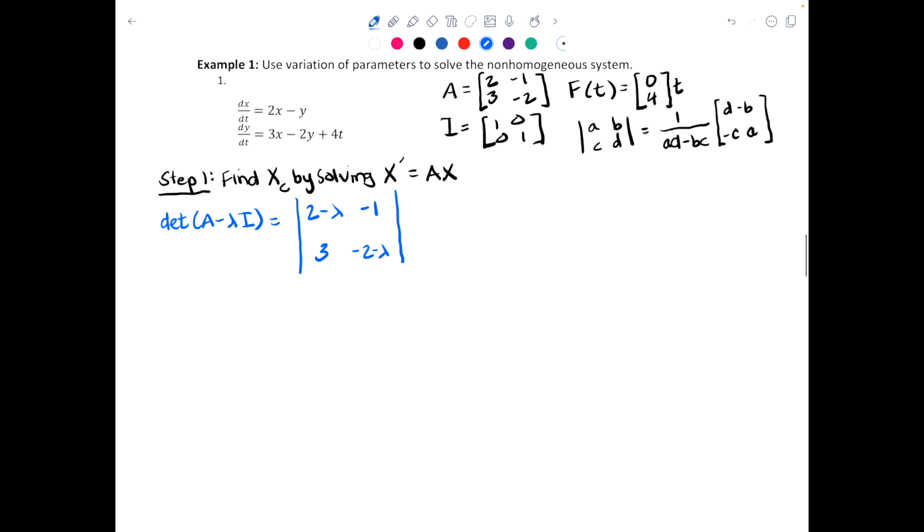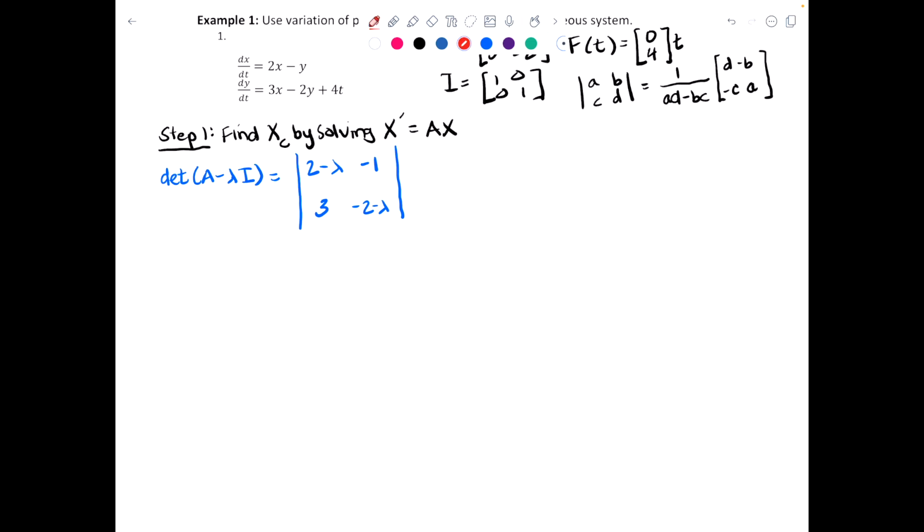Now remember, we want to set this determinant equal to 0, so I'll start doing that. And then we will get 2 minus lambda. I'm going to factor out the negative from the negative 2 minus lambda and write that as 2 plus lambda, just to clean it up a little. And then minus negative 3 when I multiply 3 and negative 1. So 0 will equal to negative quantity 4 minus lambda squared, it's a difference of squares, right?